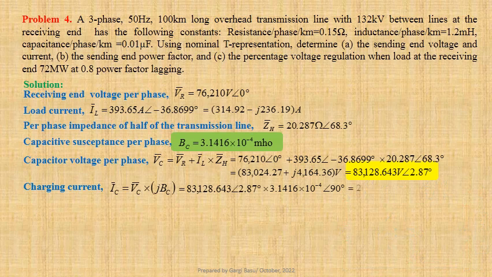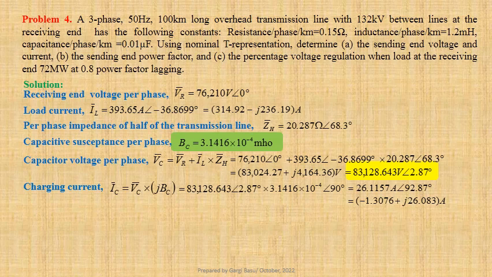That gives us 26.1157 ampere at an angle 92.87 degree. This may be written in Cartesian form as minus 1.3076 plus J times 26.083 ampere.